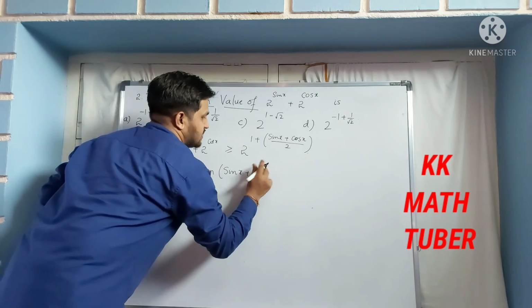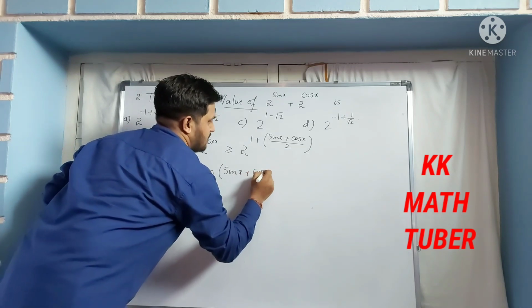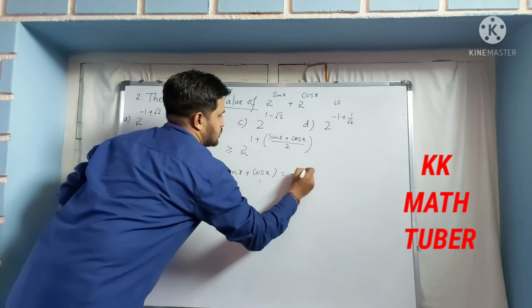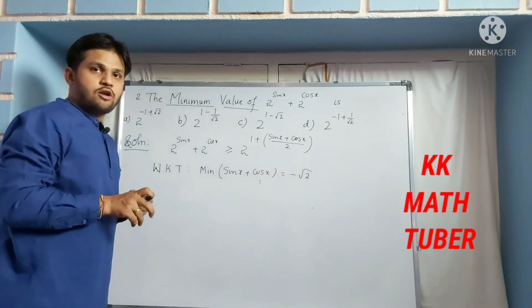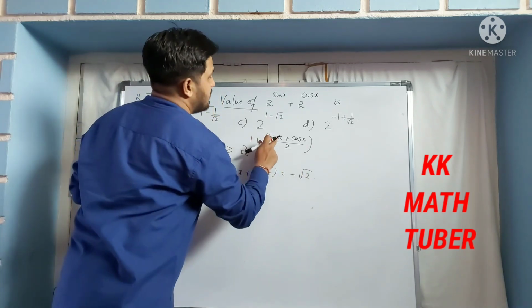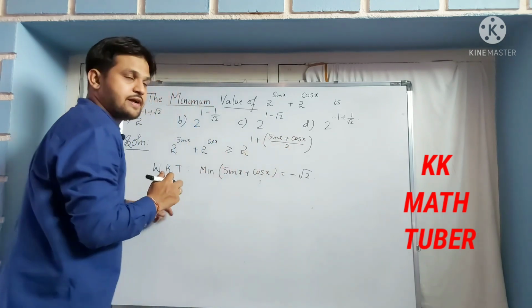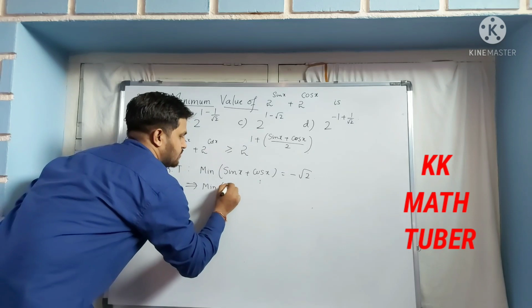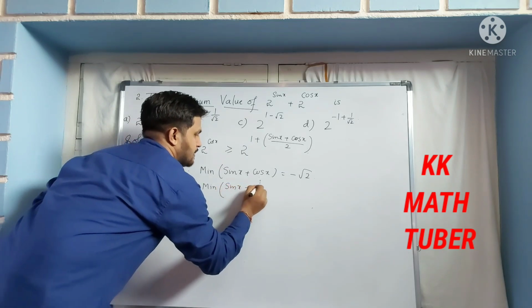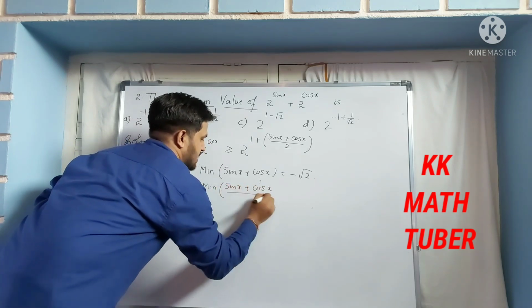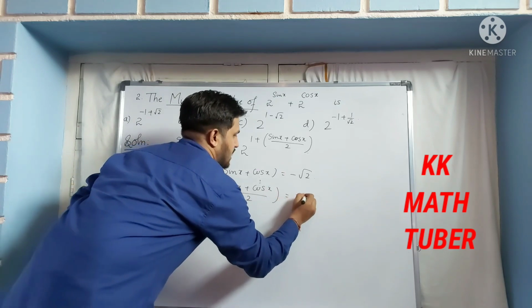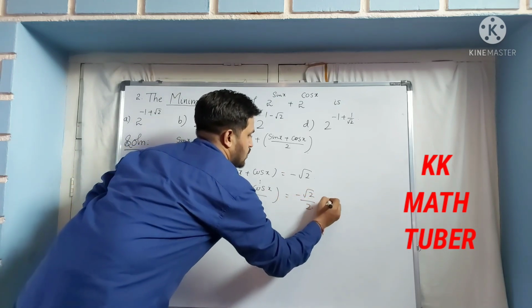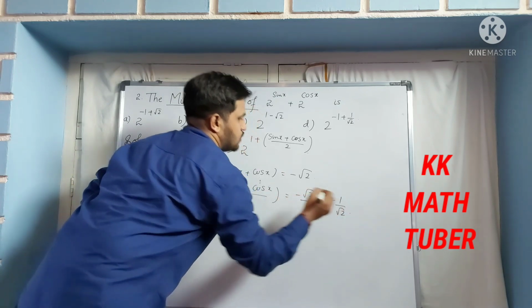We have learned this, the minimum value is minus root 2. This we know already. So what will be the minimum value of (sin x plus cos x) divided by 2? It will be minus root 2 divided by 2, which is minus 1 by root 2.